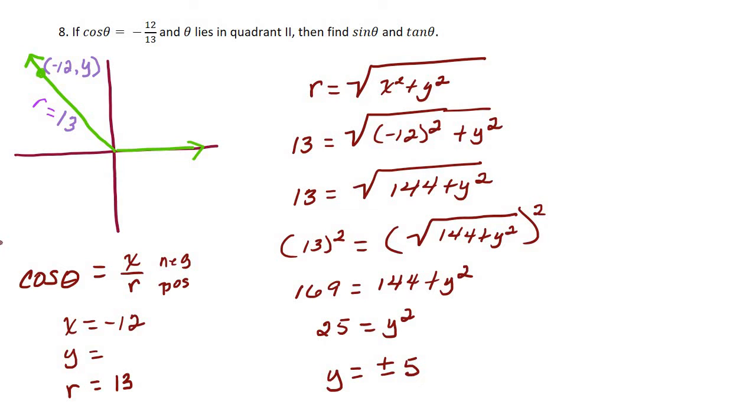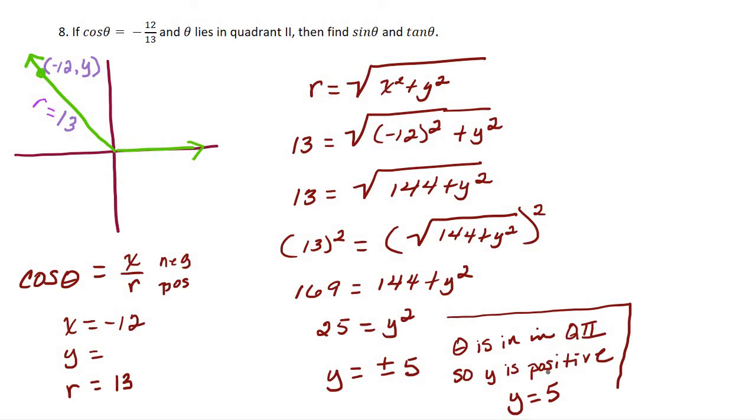You know that this point lies in quadrant 2, so our x value is negative and our y value is going to be positive. So I've got y to be positive 5, and I'm going to fill that information in over on the left side of my screen. So now I know what x, y, and r are equal to.